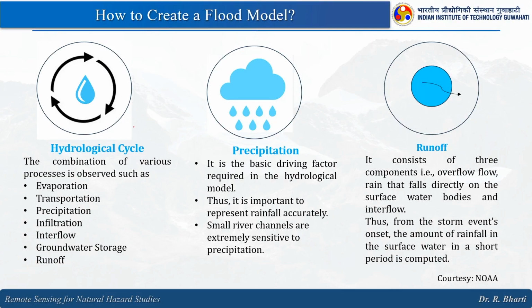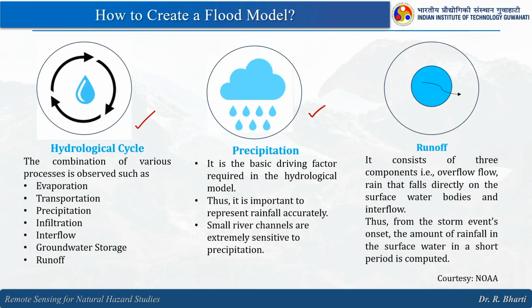When we talk about the hydrological model, because we are talking about predicting a flood, forecasting the alerts, right. So in such a situation, what are the expectations, what are the minimum things that you should know, that I have listed here. So you can see the hydrological cycle, that is very important.